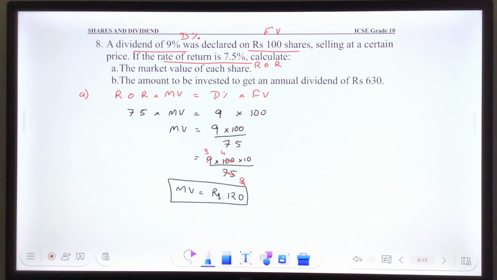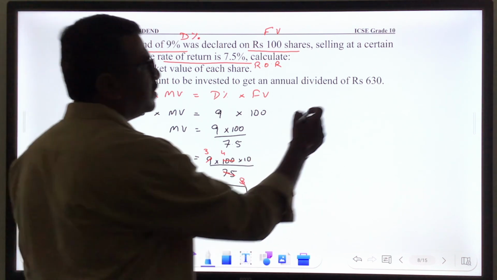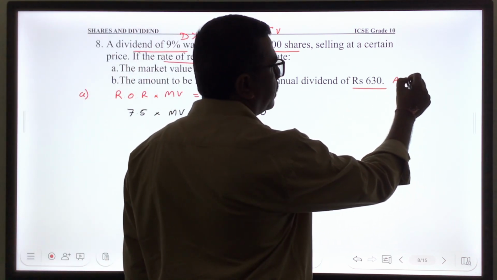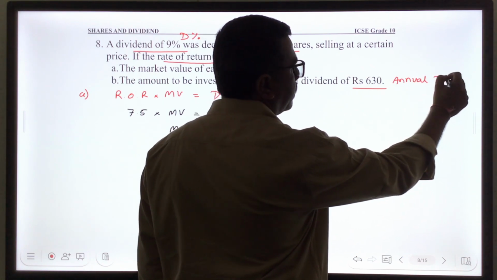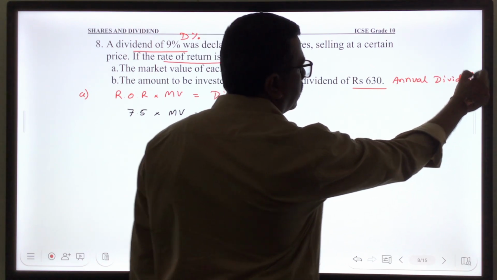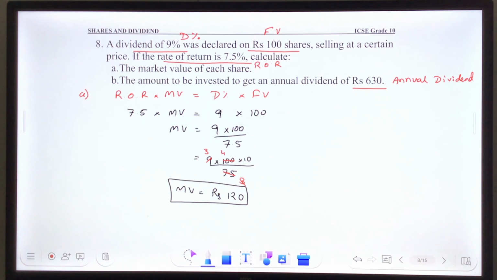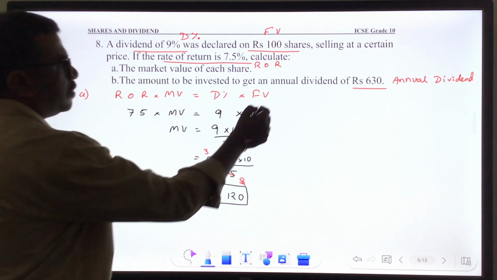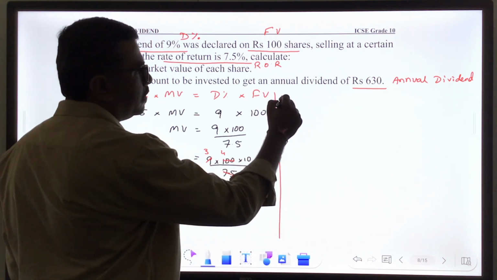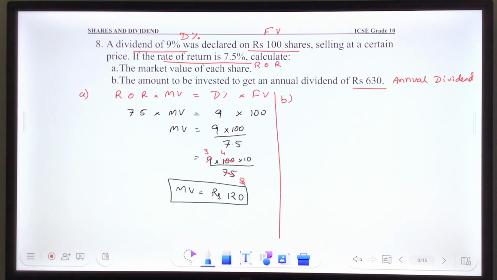The second part of the question is to calculate the amount to be invested to get an annual dividend of rupees 630. So the annual income is given, the annual dividend, which is proportional to the number of shares. So using the formula for calculating annual dividend, first we will calculate the number of shares.